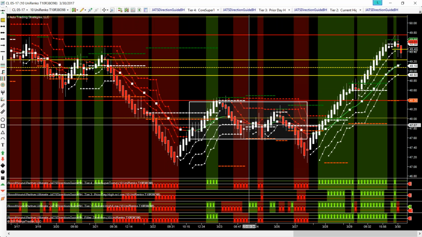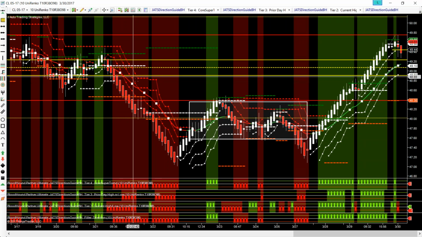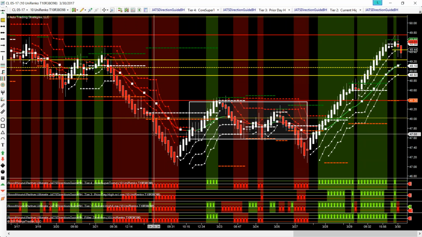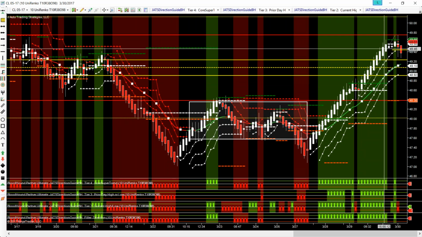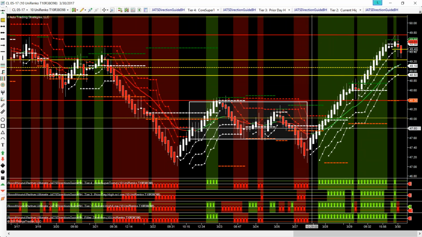That's what you want. When it starts to print sideways, you sit on your hands because it's just going to chop up your account. You want to see a nice slope on that moving average so you can just hold a position until the end of the close. Those wide range expansion days.